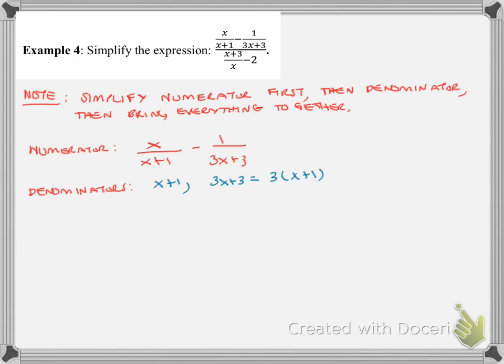In finding the LCD, the least common denominator, we just bring together all the distinct terms in our denominators. So that would be 3 times x plus 1. In other words, our LCD is 3x plus 3.